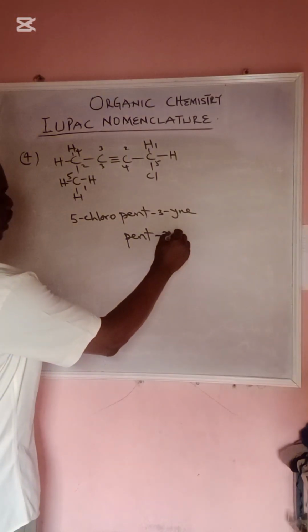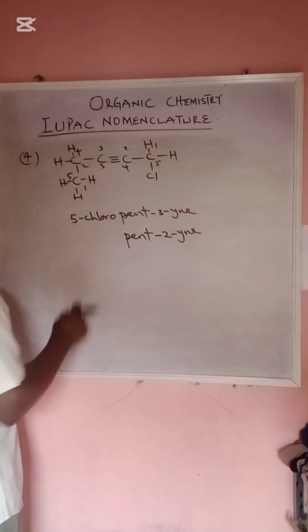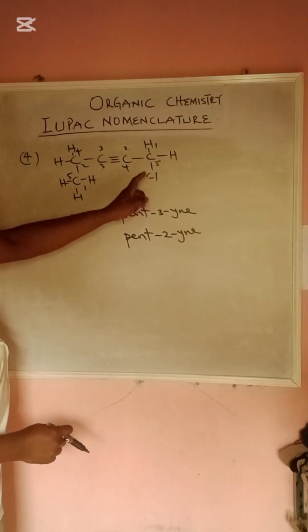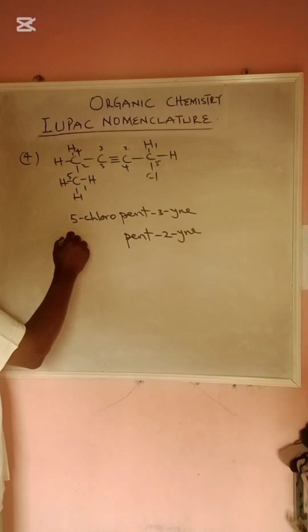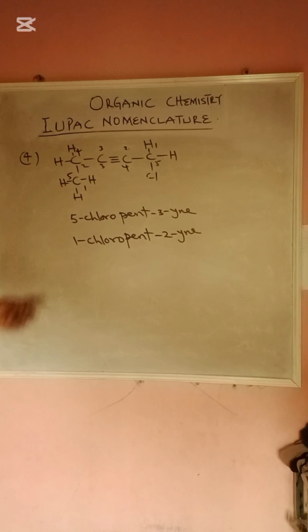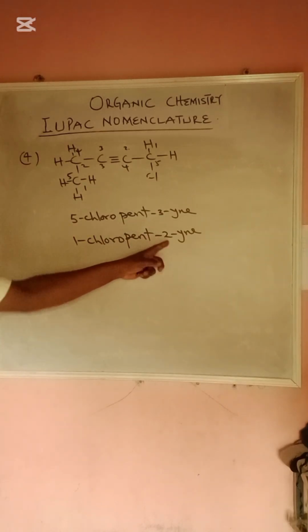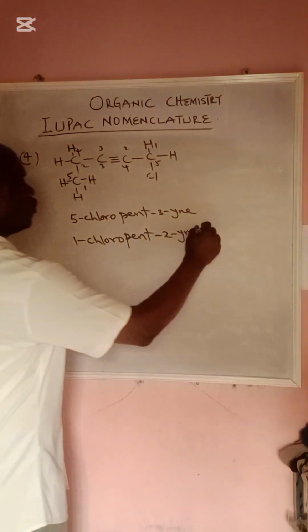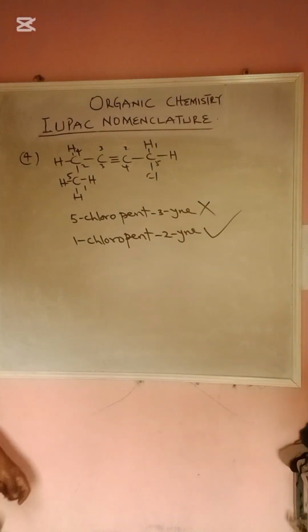That is pent-2-yne. Chlorine is attached to carbon 1 here, so I'll say 1-chloro. When you add 5 plus 3 and 1 plus 2, we are going to get 3. So this is correct and this is wrong. So the answer is 1-chloropent-2-yne. Please take note of that.